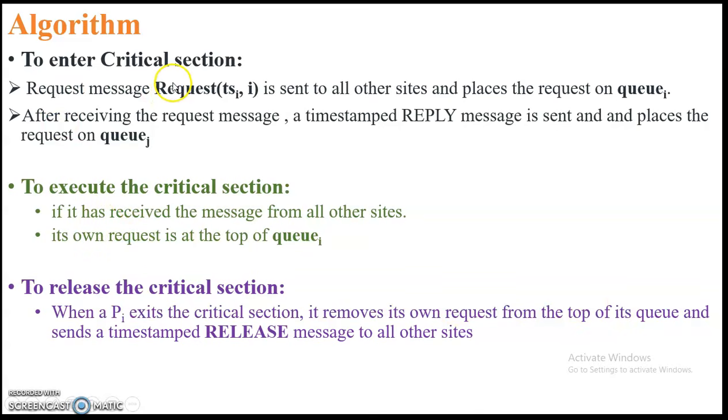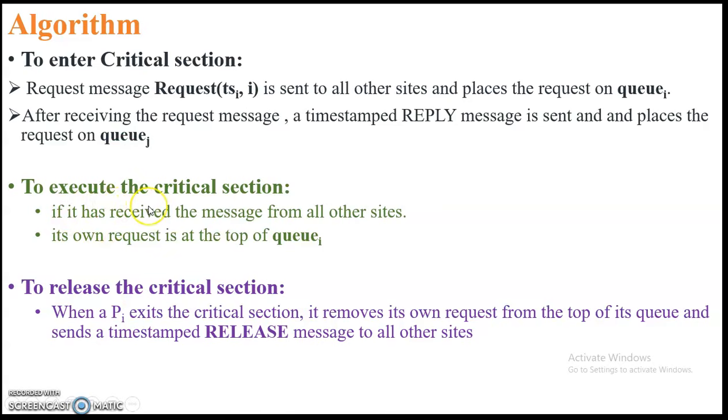So to enter the critical section, first a process has to make a request along with the timestamp and its process ID, which has to be maintained in a queue. Then after receiving the request message, a reply message needs to be sent to the particular process, and again that timestamp is maintained in the queue.